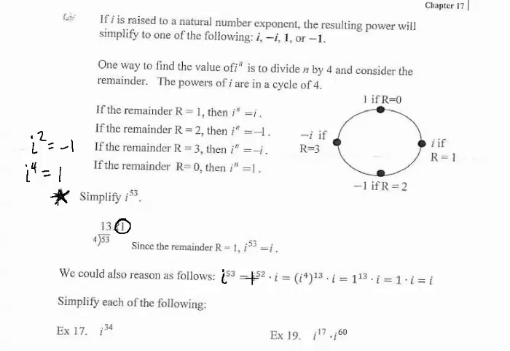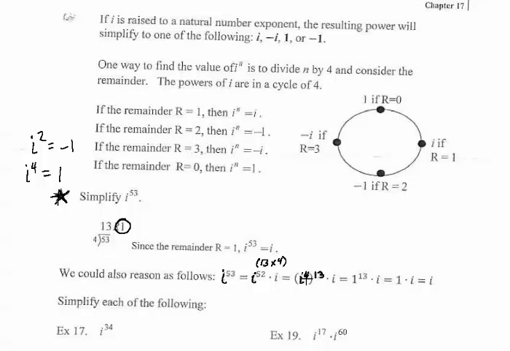Now, this 52 that's written here is just simply the 13 times 4. That's what 52 is. And so they've written it here, i to the 4th raised to the 13th power.